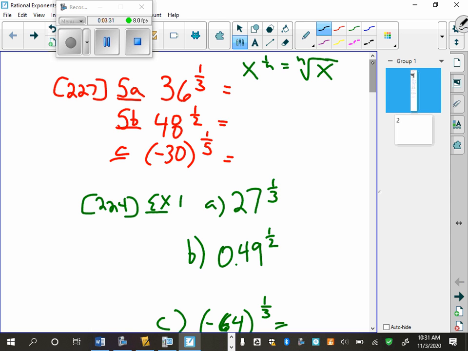So, just give me the answer. What do you think 25 to the 1/2 is? Give me the answer, no calculator. Anybody? Good try, but it's not adding. Multiplying.